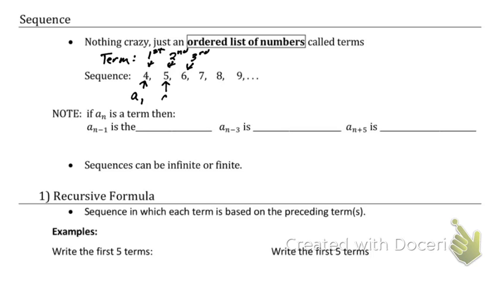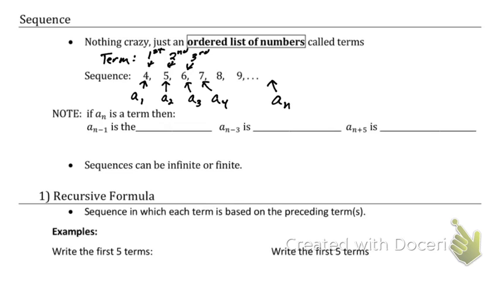So my second one would be A sub 2. Then we'd have A sub 3, and then we would have A sub 4. And let's say we go way out past 9, and I don't know what to call it. We'd call it A sub n. That is some mystery. I don't know where it is in the location.